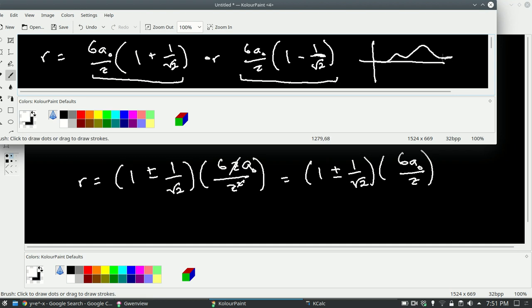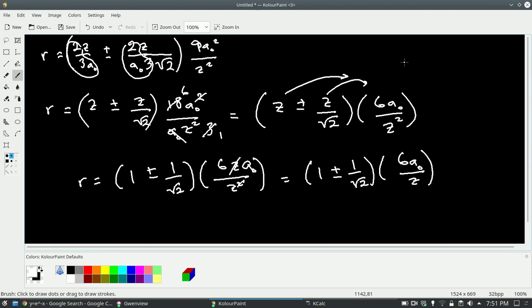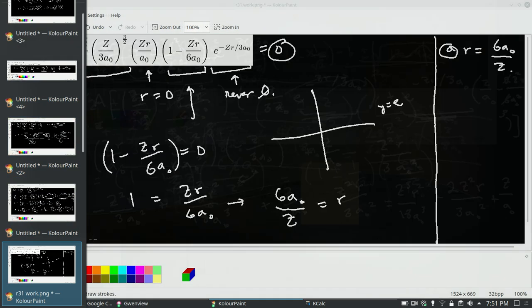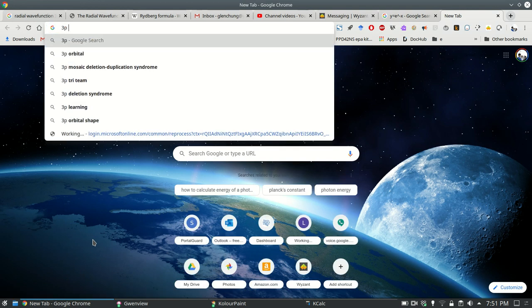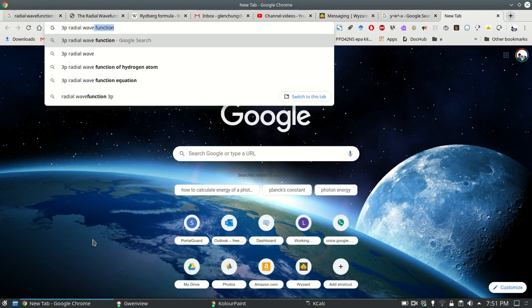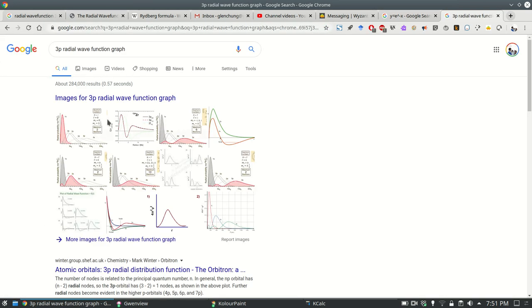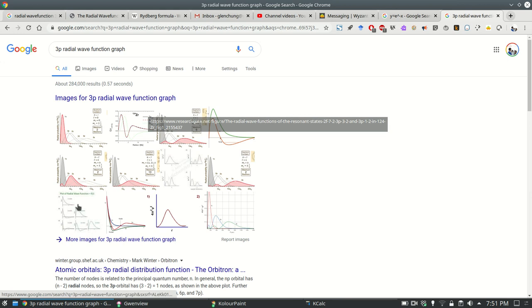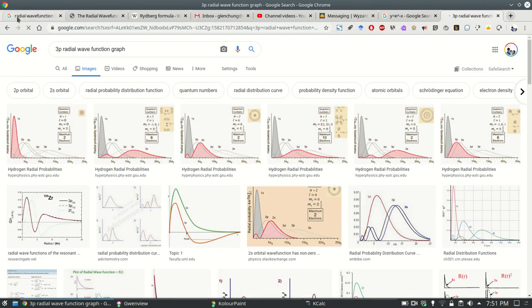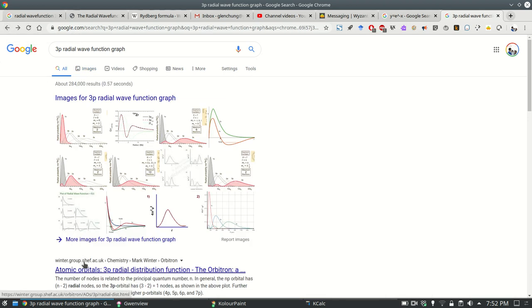So I think this one would be the maximum, and then let's look at a graph of this. I could use the second derivative test, but if I could just look at a graph, that's what I'd rather do. So, 3p radial wave function graph.